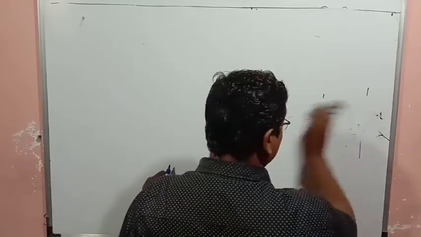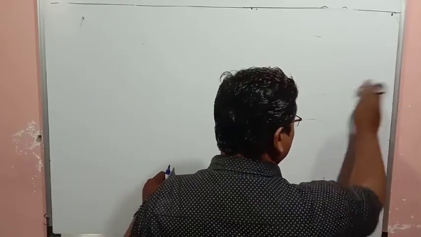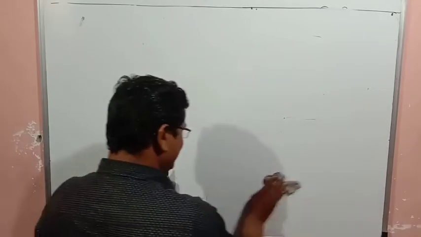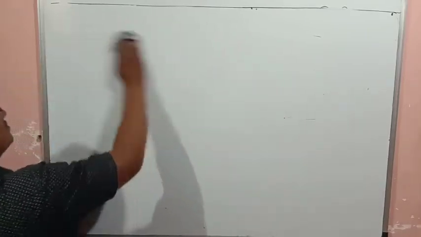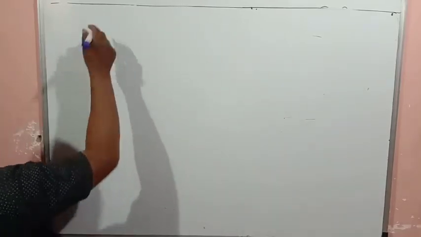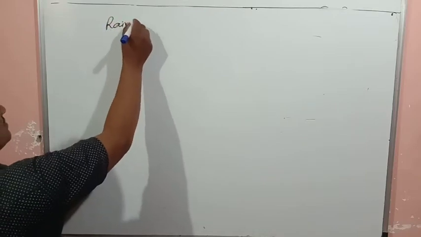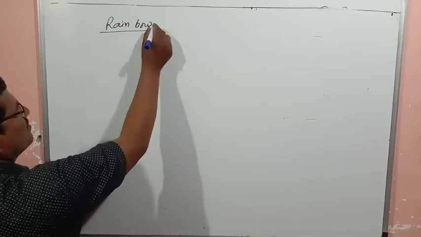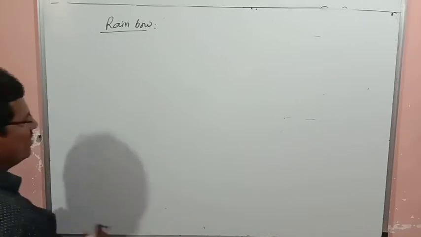Rainbow is the combined effect of reflection, dispersion and refraction. So rainbow is the last point. Just give attention.